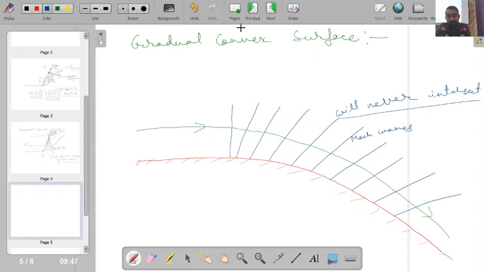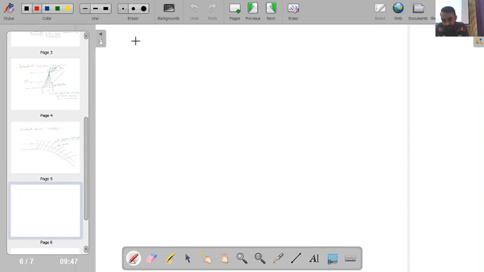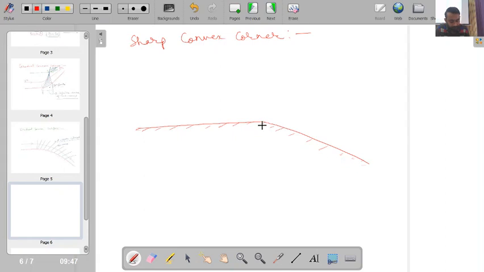Okay, now if you consider a sharp convex corner, so this angle is theta.